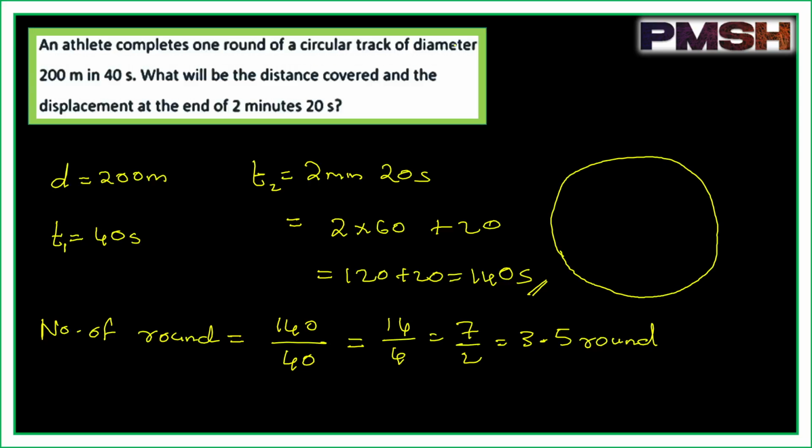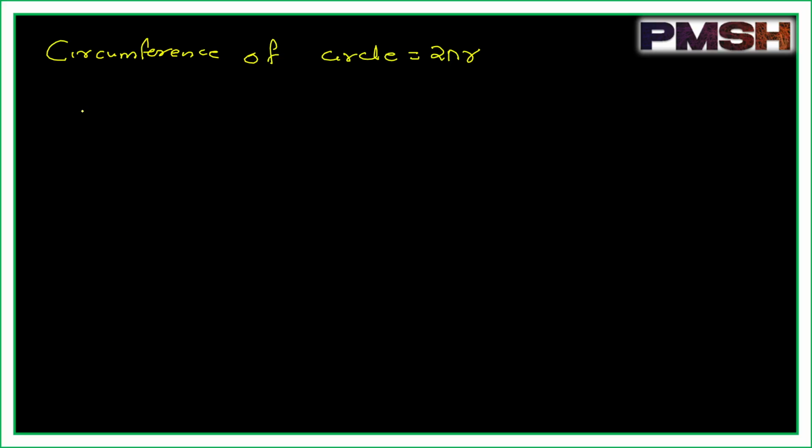For a single round, he will cover a distance 2 pi r. Here there are 3.5 rounds. So total distance is nothing but 3.5 into 2 pi r. Clear? So that is going to be 7 pi r.